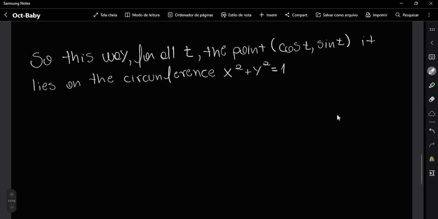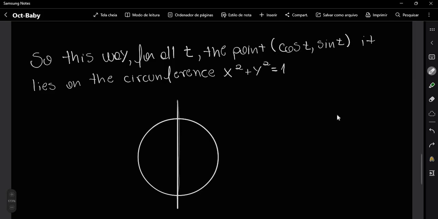And we can do this representation with the trigonometric circle of radius 1. So its radius is equal to 1.